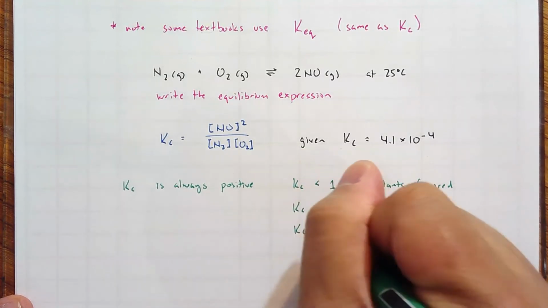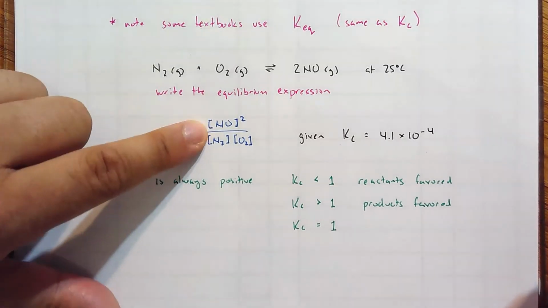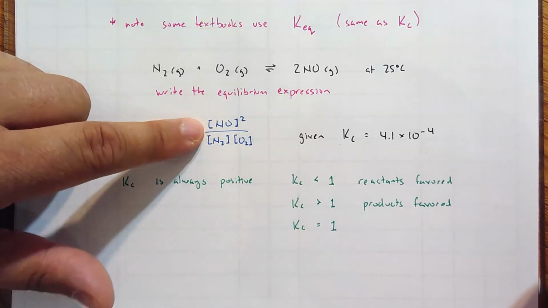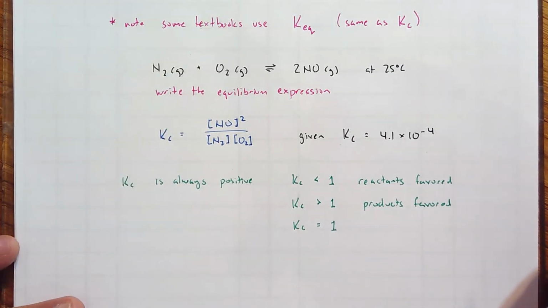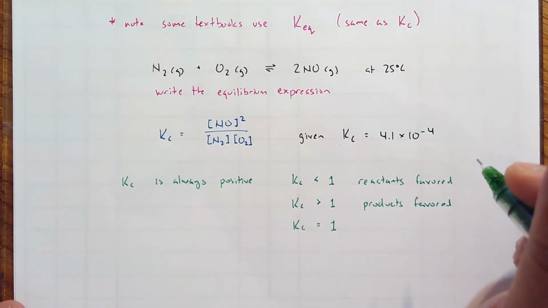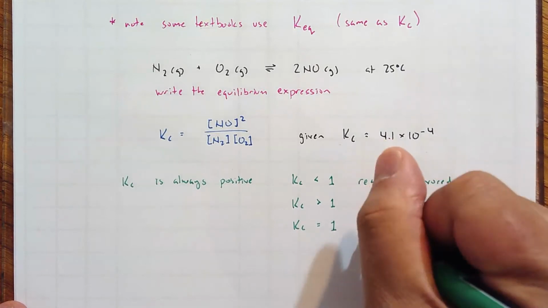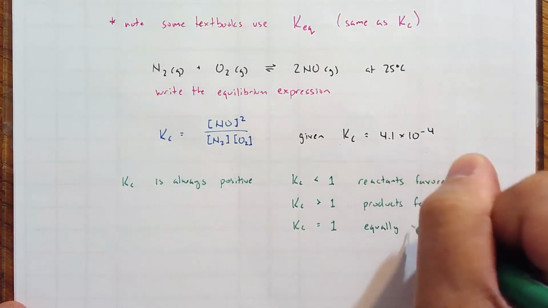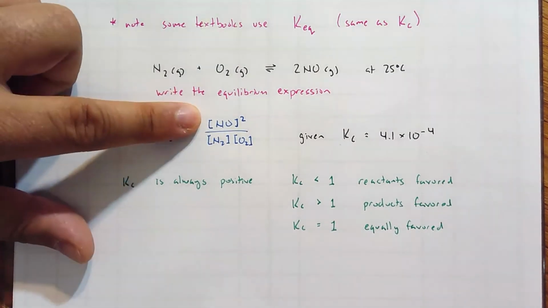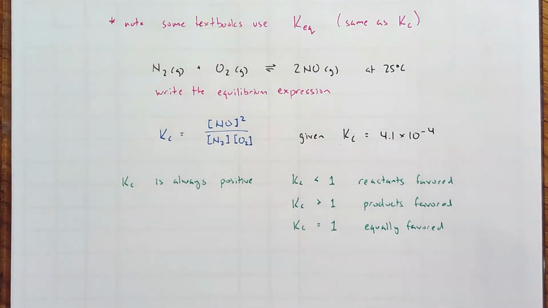If Kc is equal to 1, then the numerator and denominator are identical. We will say that reactants and products are equally favored. But what it really means is that the numerator and denominator are identical.